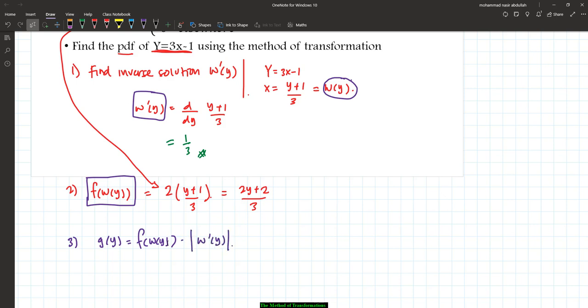So g(y) should be equal to (2y plus 2) divided by 3 multiplied with the absolute value of 1 over 3. So this one should be (2y plus 2) divided by 9. The same thing, so take the 2 out again. Okay?